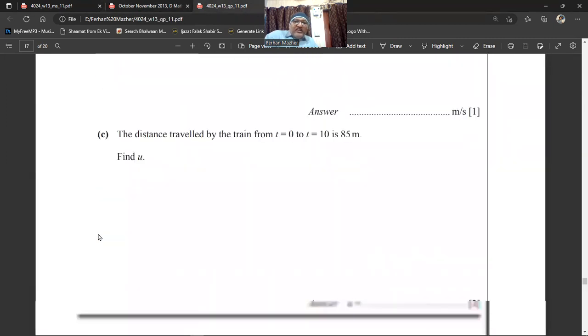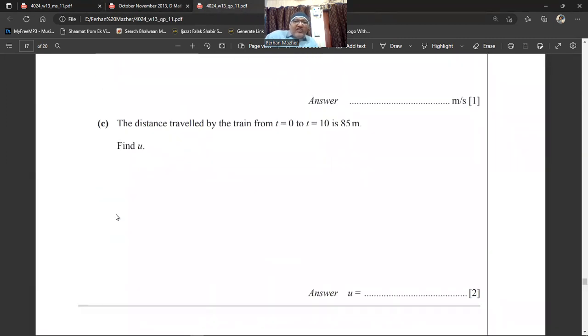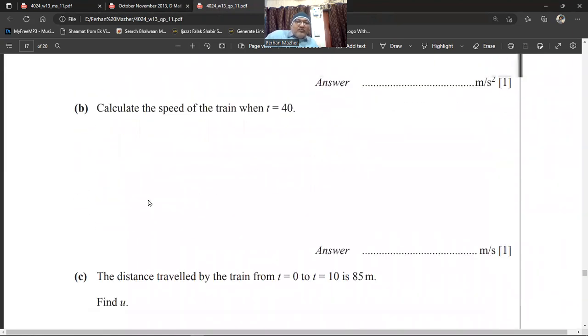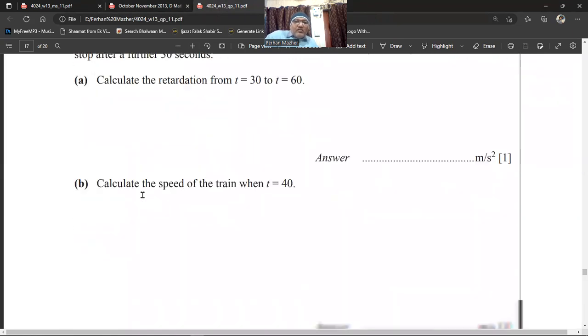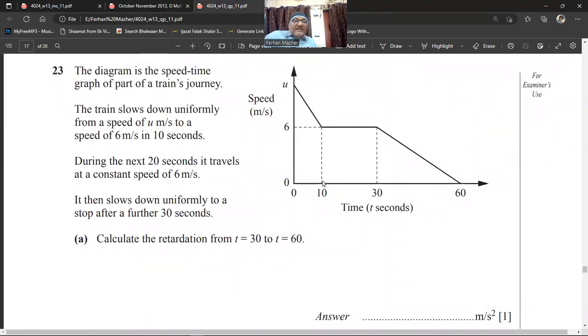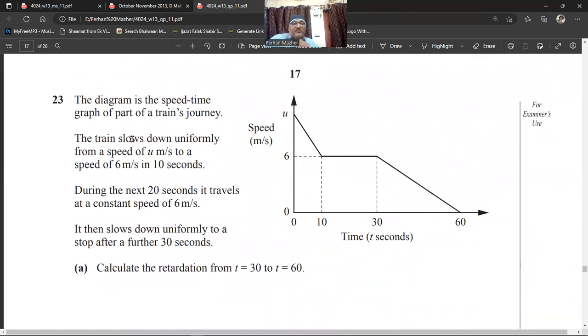Then their question is: the distance traveled by the train from T0 to T10 is 85 meters, find the U. So from 0 to 10 seconds, the distance traveled is 85 meters. You know how to find the distance traveled.